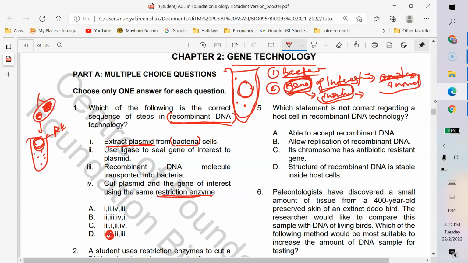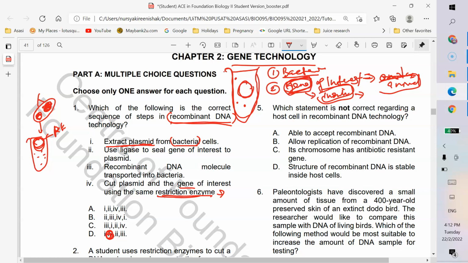So cut plasmid and gene of interest using same restriction enzyme so that you produce the same complementary ends. So kalau enzyme tu produce sticky ends dekat plasmid, dia akan juga produce the same sticky end dekat gene of interest. So that when you insert the gene of interest into the cut plasmid, the gene of interest can fit perfectly into the plasmid.